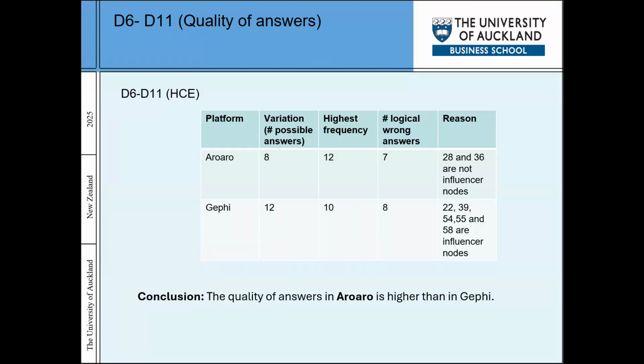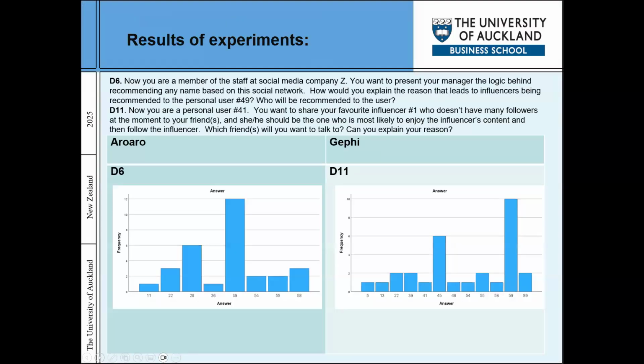We have not removed the whole participant's data. So let's say a participant has given a logically incorrect answer, then only for that question we have removed the entry, instead of removing all 12 questions' data for the same participant.